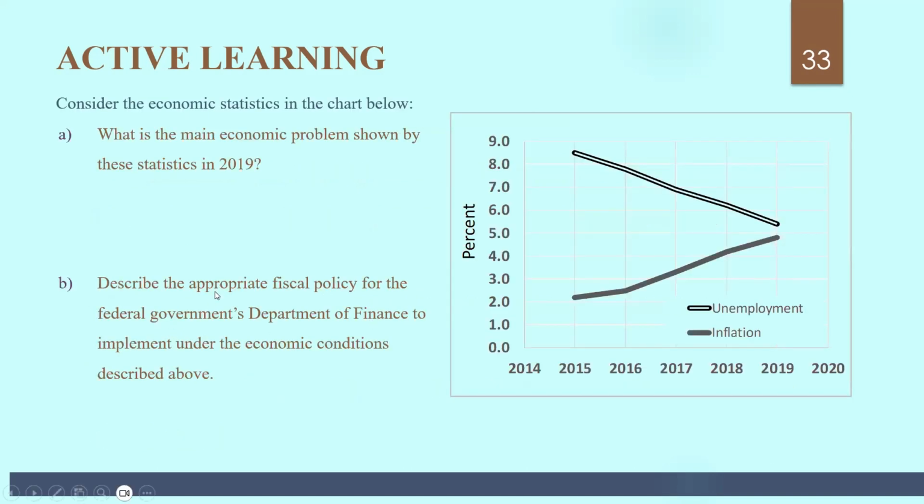So here, as you can see by this graph, the unemployment rate is dropping and inflation is rising. So what is the main economic problem shown by these statistics in 2019?